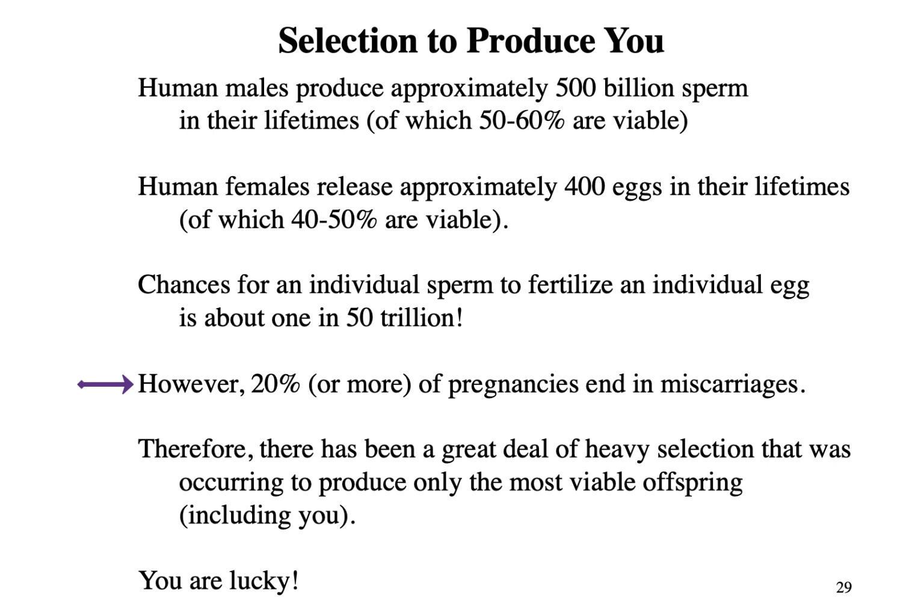However, about 20% or more of pregnancies end in miscarriages. So therefore, there has been a great deal of heavy selection that was occurring to produce only the most viable offspring, including you. So in essence, your chances of being born were less than 1 in a million. There were more like 1 in 50 trillion or more. So you are very lucky.